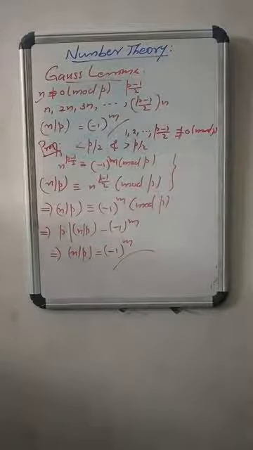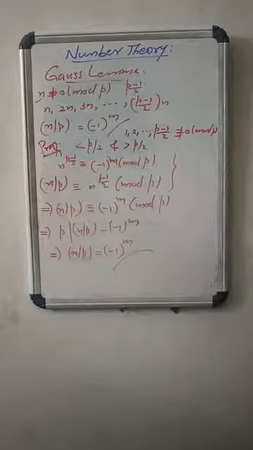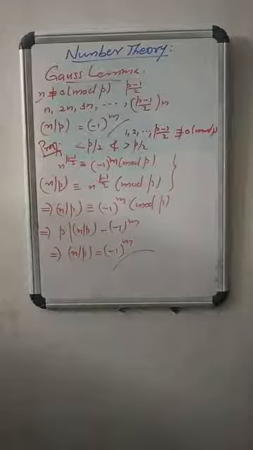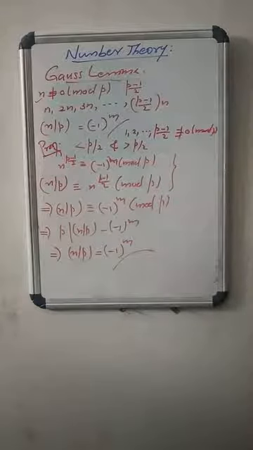Agree? So when n is incongruent to 0 mod P, and m is the number of least positive residues of (P minus 1)/2 multiples of n that exceed P/2, then (n/P) is minus 1 power m. So this is our proof. Okay. So first we construct two sets A and B.